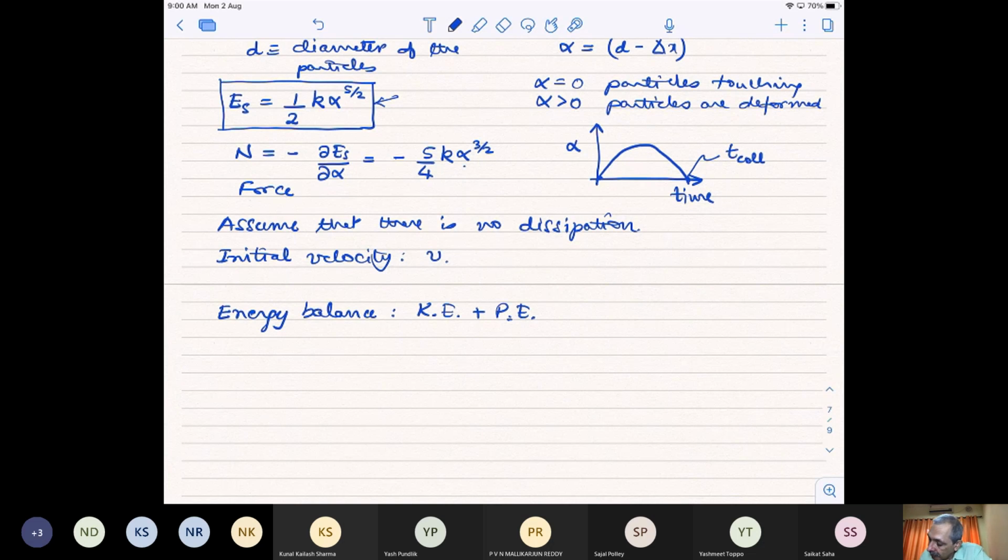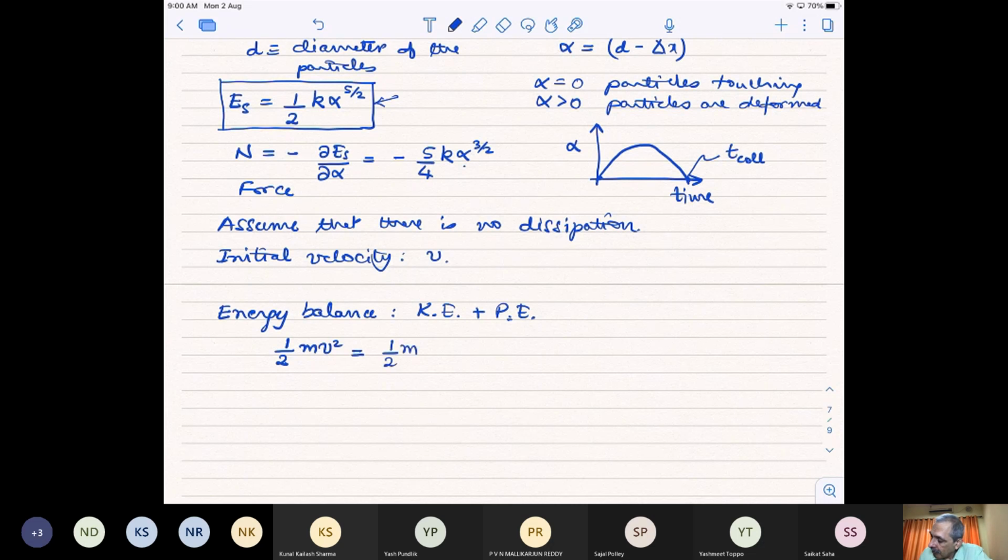So if we look at one of the particles, then what we'll see is that at the start we have only half mv squared. So that is the energy that the system starts with. Then at any given alpha, we'll have some other kinetic energy.